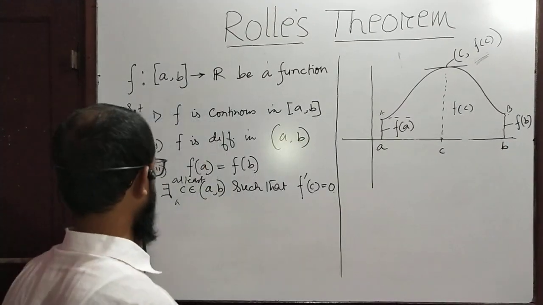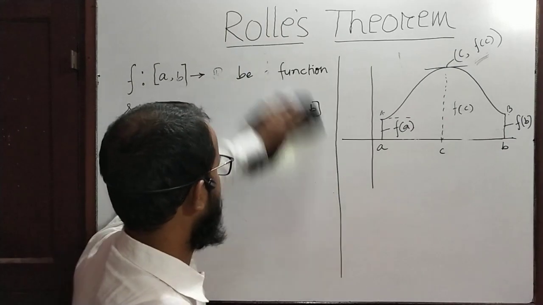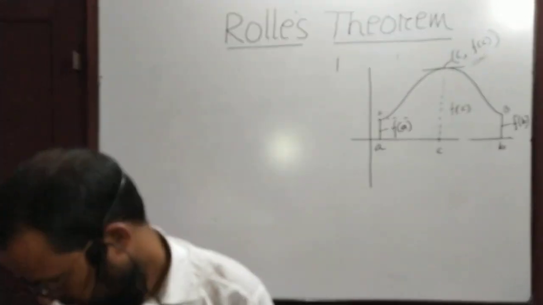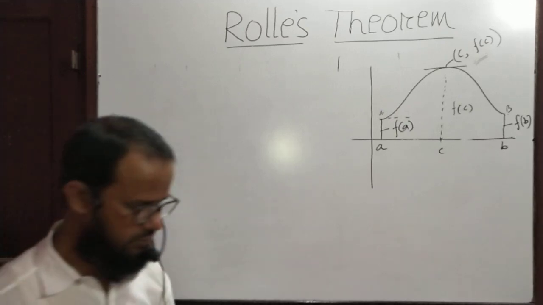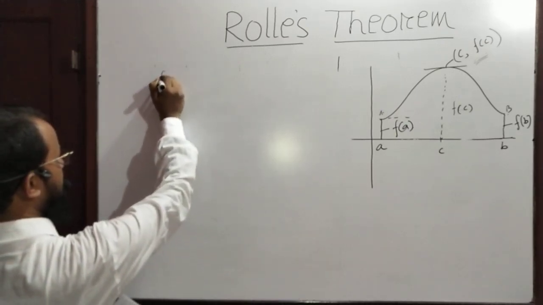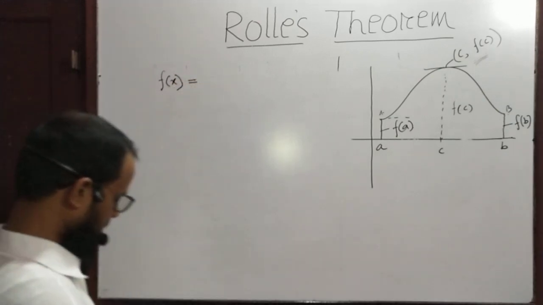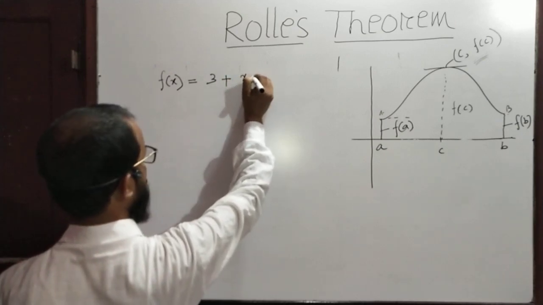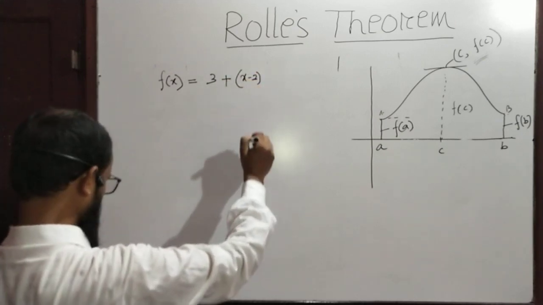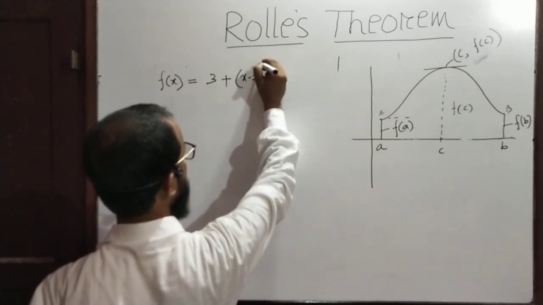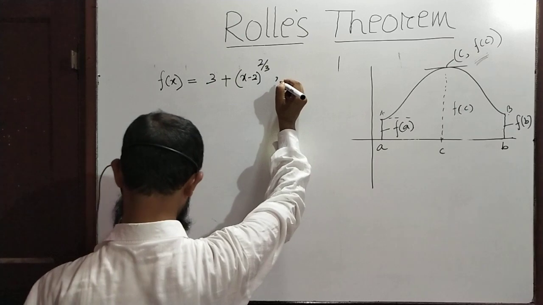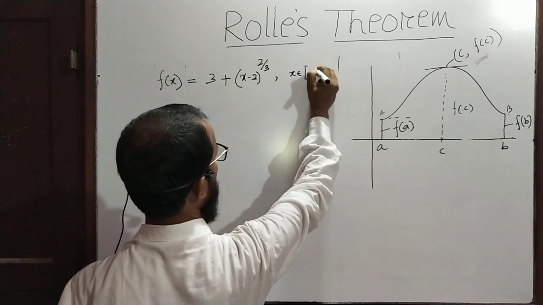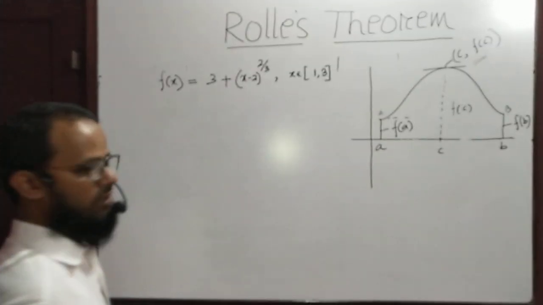So let us start with the first problem. Verify Rolle's theorem for the function f(x) = 3 + (x - 2)^(2/3), where x belongs to the domain of the function, the closed interval [1, 3].